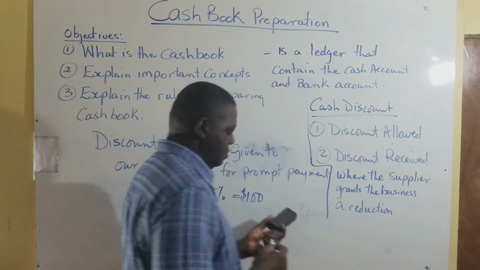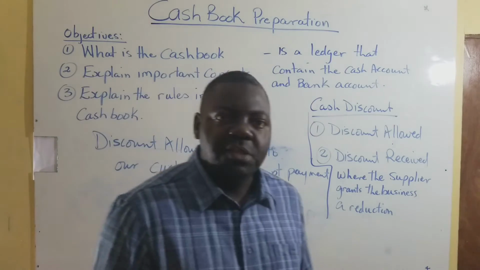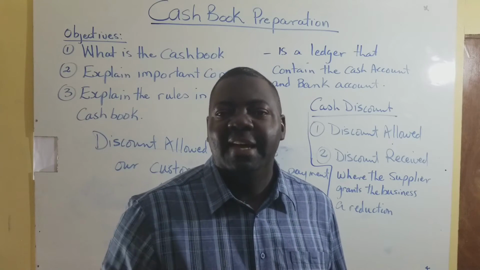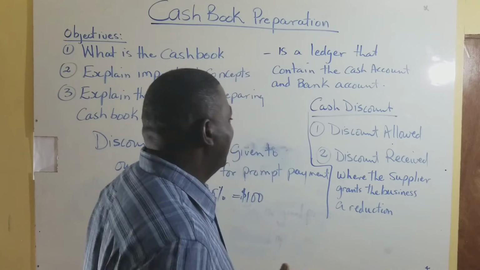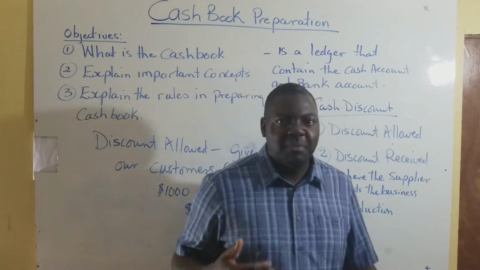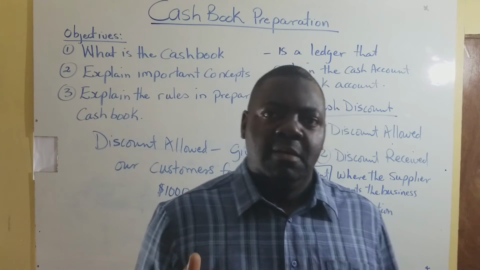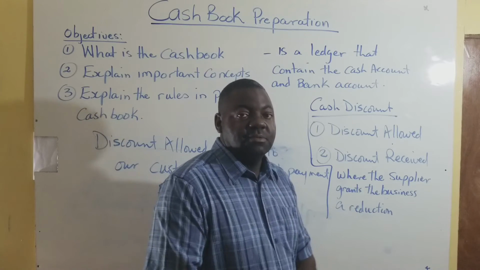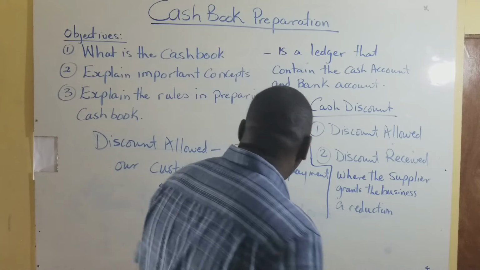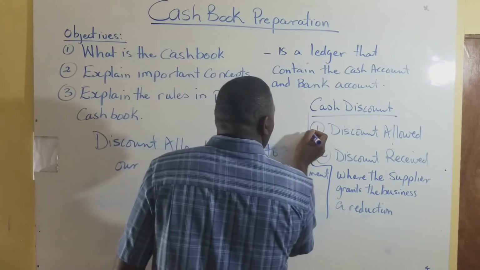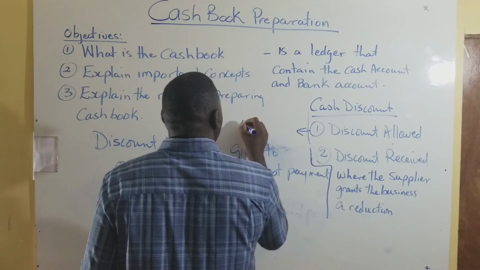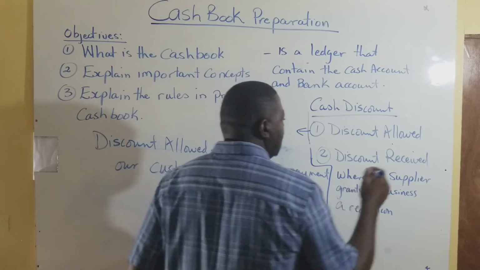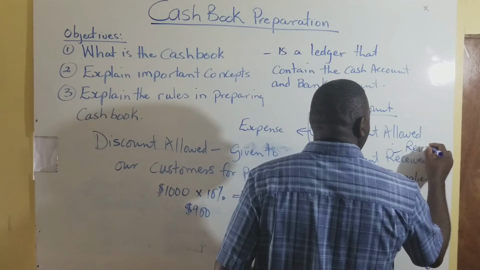Yes? So we are buying the goods from the supplier, and the supplier is saying, because we are going to be paying them early, they will receive discount. Right off the bat, let me just tell you that discount allowed is referred to as an expense, and discount received is a revenue.